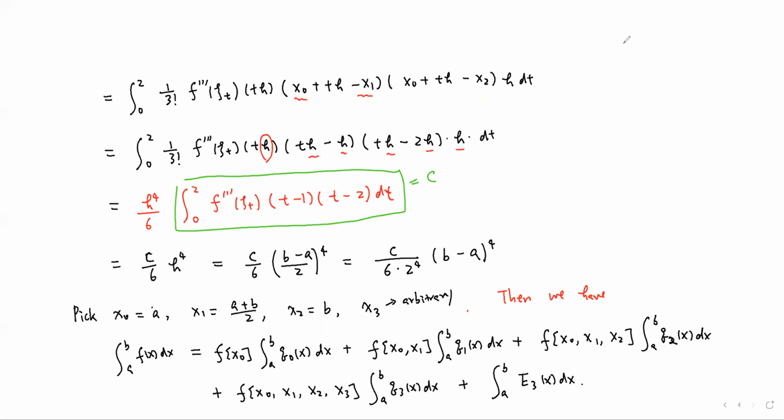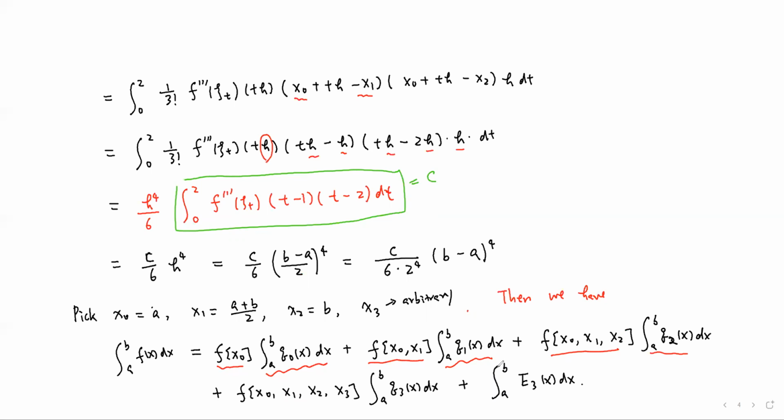Now I compare divided differences and compare integrals. The first 3 terms give Simpson's rule: (b minus a) over 6 times [f(a) plus 4 f((a plus b) over 2) plus f(b)].